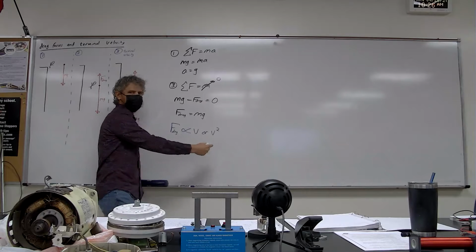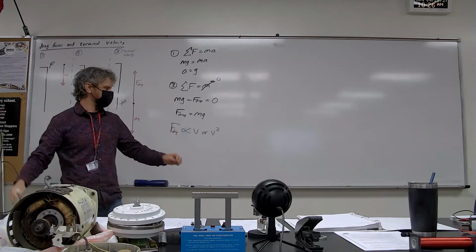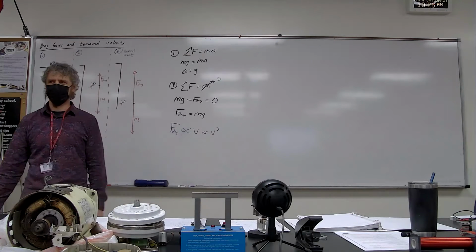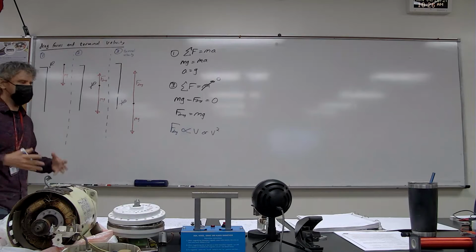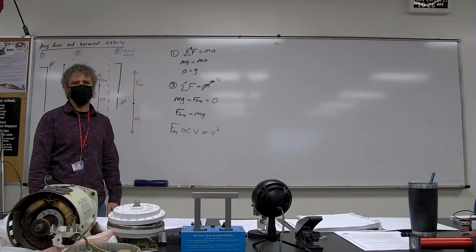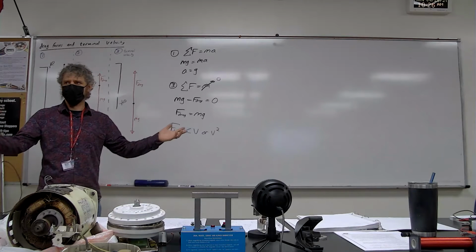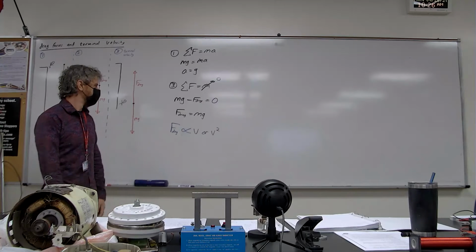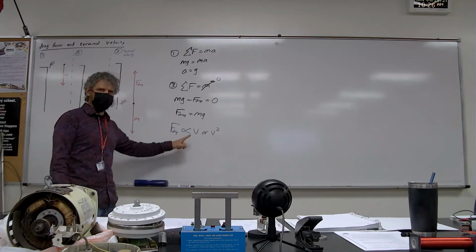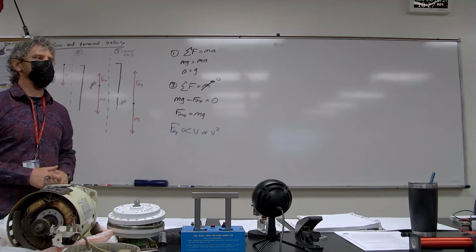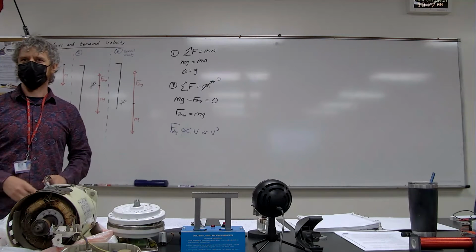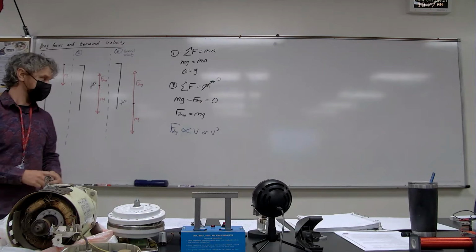In the more rigorous treatment involving more variables, the drag force is typically proportional to the square of the speed. But for relatively small objects moving through a relatively non-turbulent fluid, it often simplifies to the drag force being proportional to the speed v. And way more often than not, that's going to be the case on AP Physics C questions.